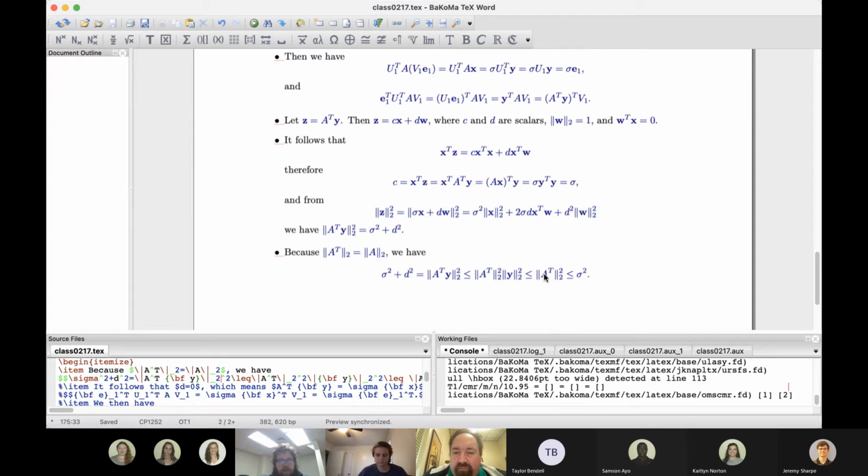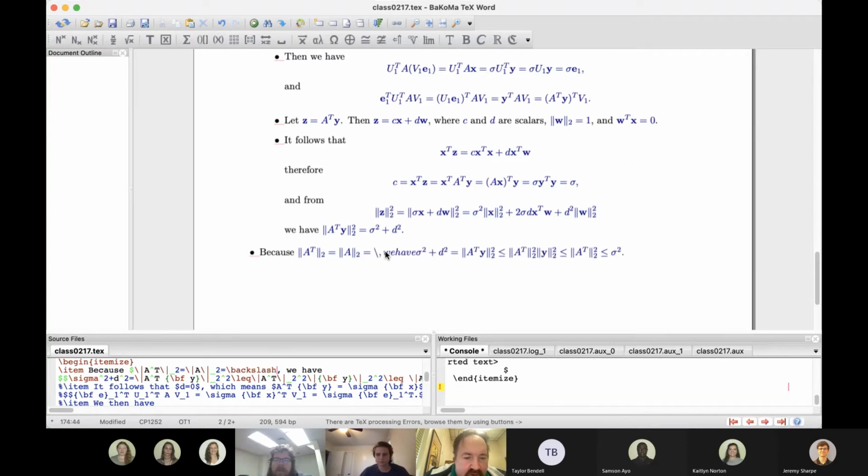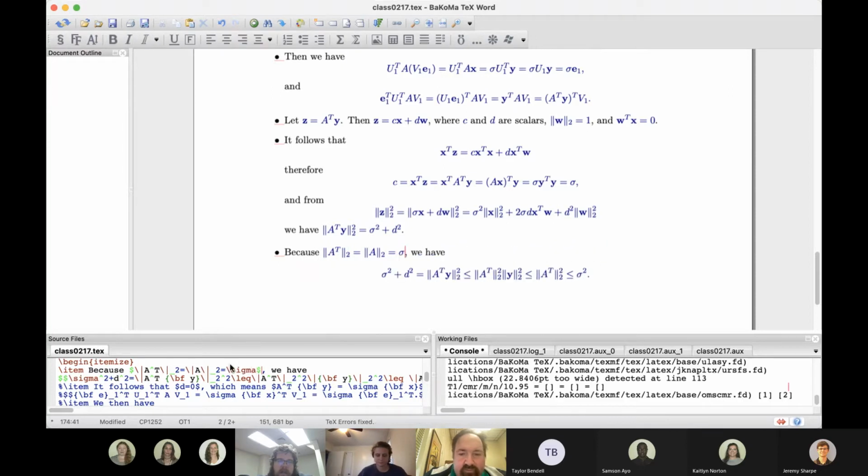But the 2 norm of A transpose is the 2 norm of A, which is sigma. So what I'm saying here is sigma squared plus D squared is less than or equal to sigma squared.